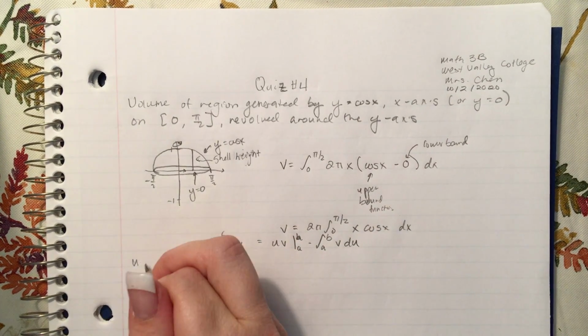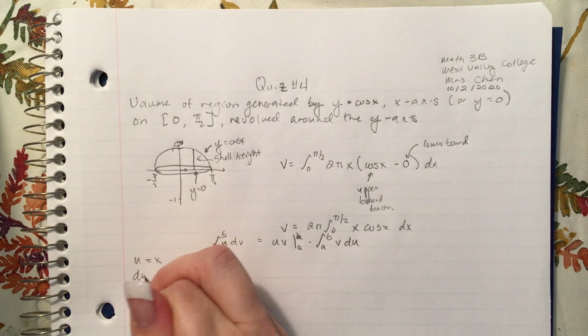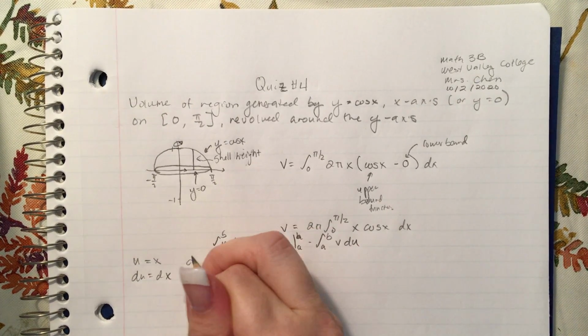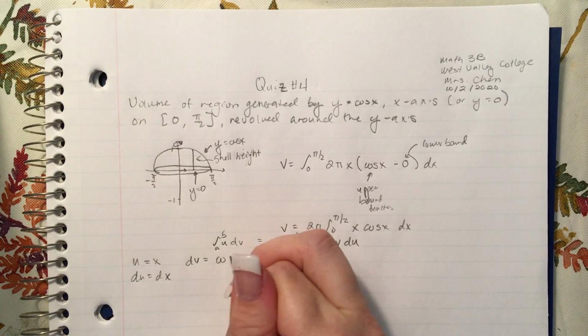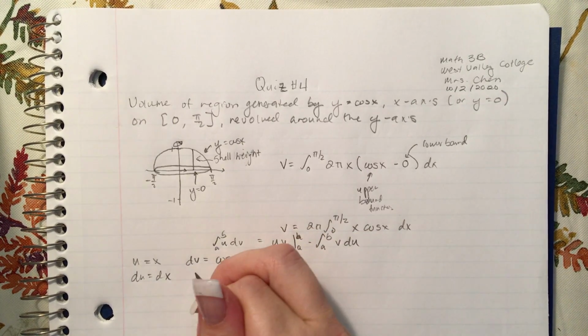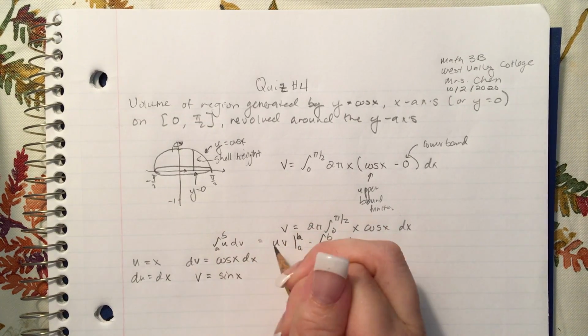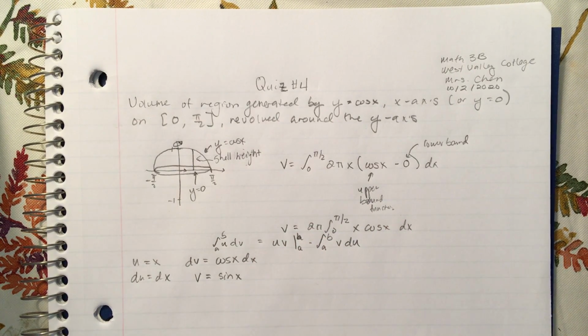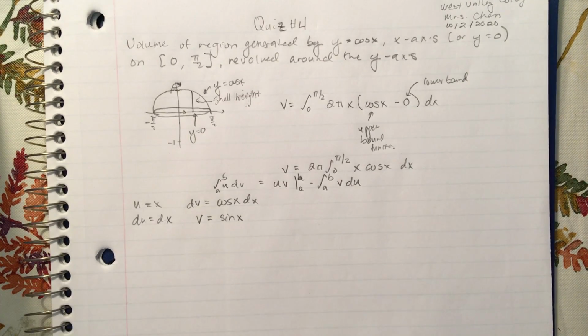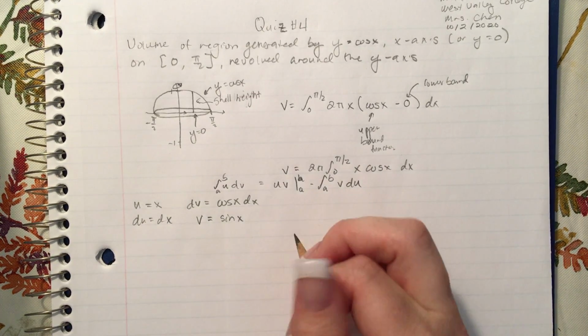So I'm going to set u equal to x so that du is equal to dx, and then everything else is going to be dv equals cosine x dx. Now the antiderivative of cosine, of course, is going to be sine, and then we just put it together. So it's going to look something like this.